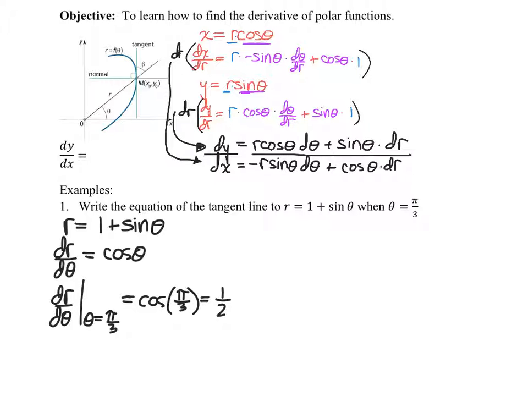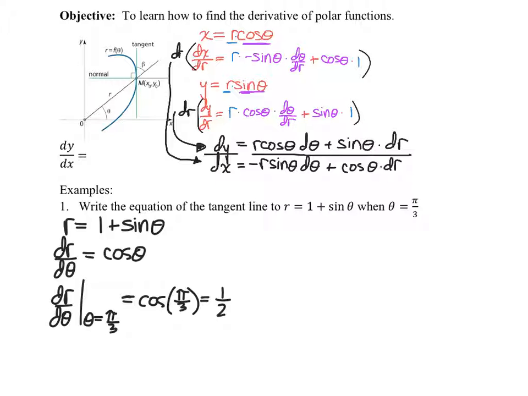Now, what we want to do is develop a way to get this information into the formula. I used some algebra to clean up my dy dx, and it made it a little more concise, and that's fine. But I don't see any dr d thetas in there. I see a d theta and I see a dr, but I never see them at the same time in the form of the ratio.